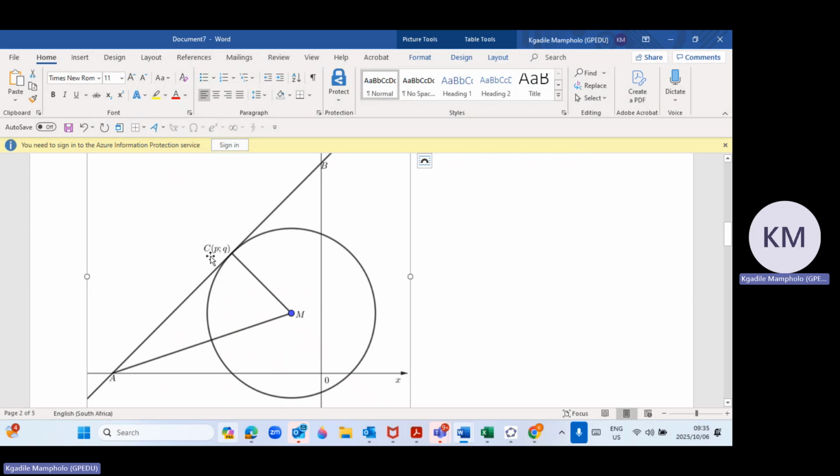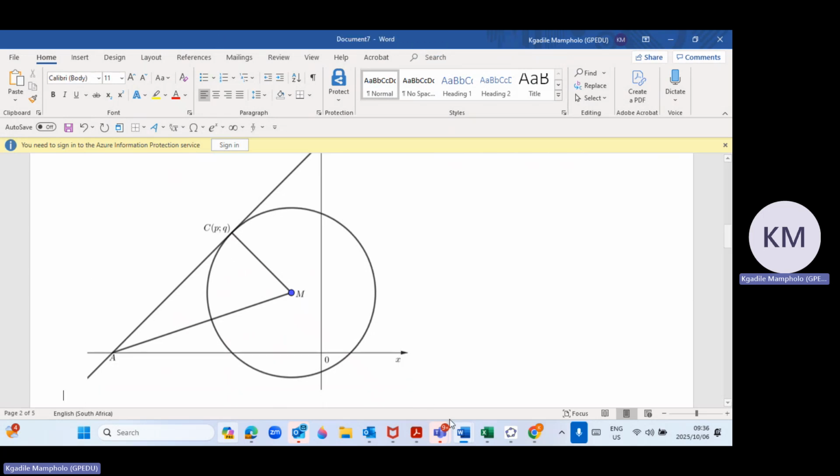But you can't go straight here because you don't know the coordinates of C. But we know the coordinates of M, which is the center. We know the coordinates of A. We know the length of the radius, which is √8 or 2 root 2. So then we can start by calculating the length of MA because MA has enough information. Then you use Pythagoras because the radius is perpendicular to the tangent and it will make this a right angle triangle.